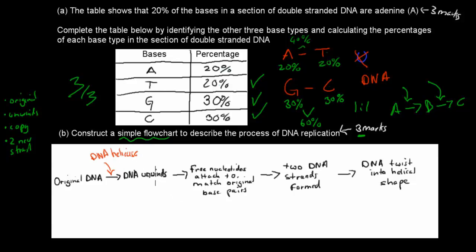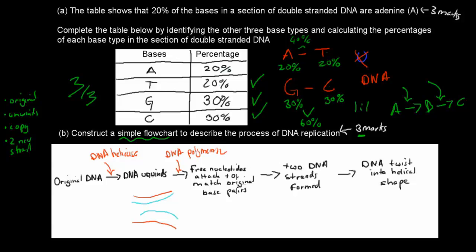And then after it's unwound, nucleotides attach to match the original base pairs. Right, so once it's unwound, then DNA polymerase will come and make copies of the unwound strands, complementary copies. And that obviously was done by the DNA polymerase.